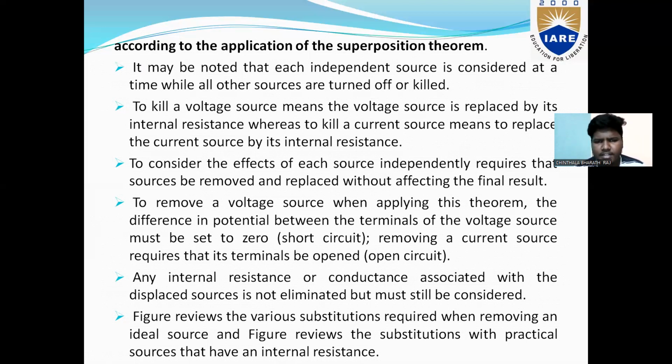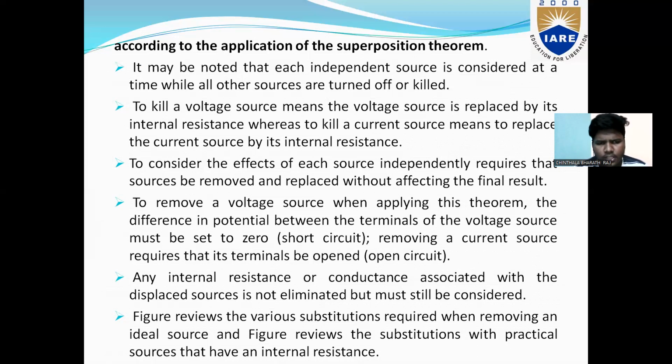To consider the effects of each source independently requires that the source be removed and replaced without affecting the final result. To remove a voltage source when applying this theorem, the difference in potential between the terminals of the voltage source must be set to zero, that is, a short circuit.